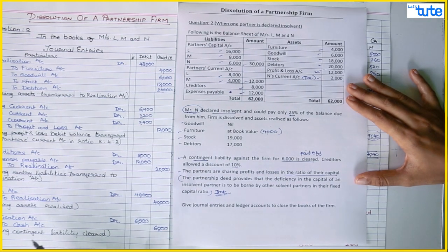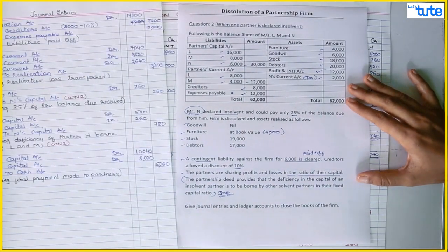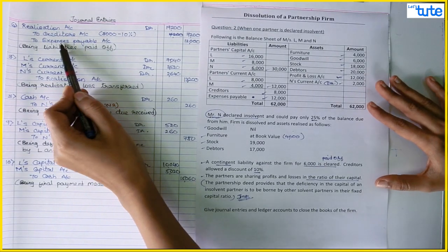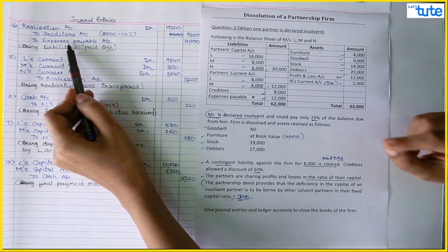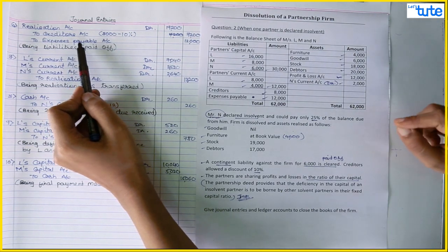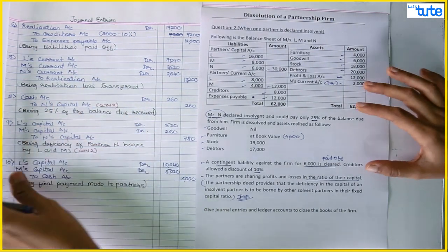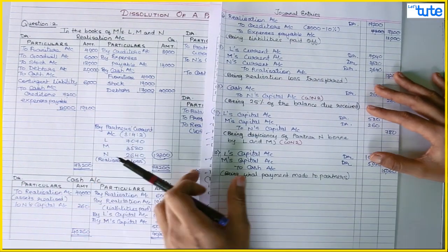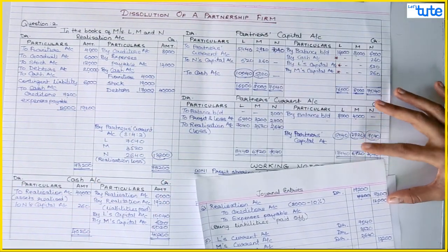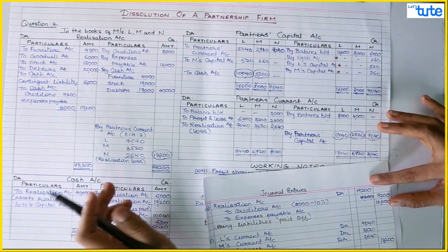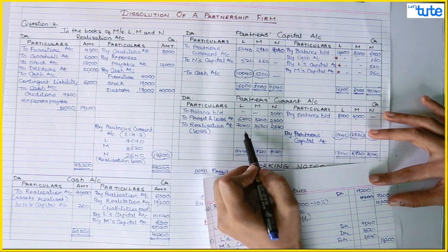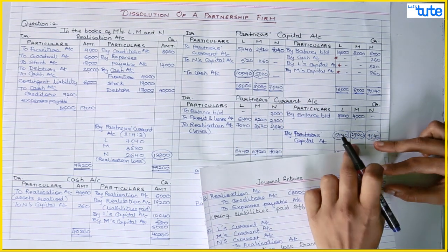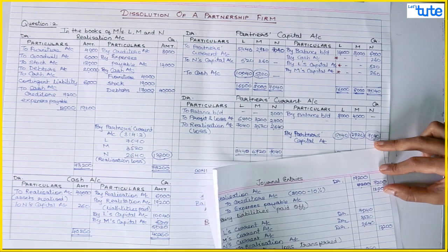Then we paid off contingent liability. After that, we paid off liabilities of creditors and expenses payable. They have not specified anything about this expenses payable, but it is implied that it has been paid off. Then whatever is the realization profit or loss, that is transferred to partners current account. So over here it was realization loss which was transferred to partners current account, and whatever the partners current account balance is there, that is to be transferred to partners capital.